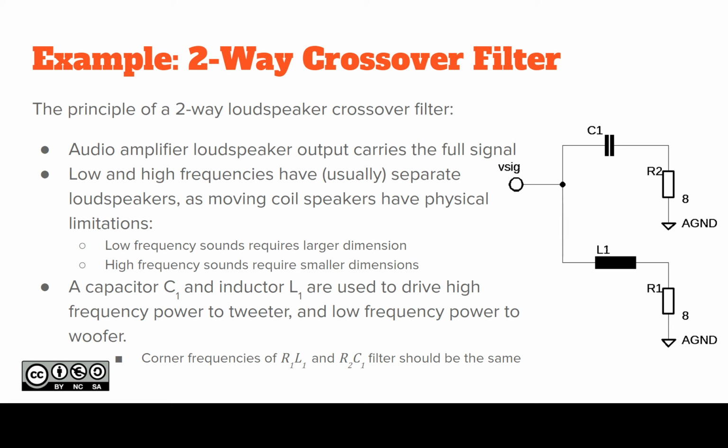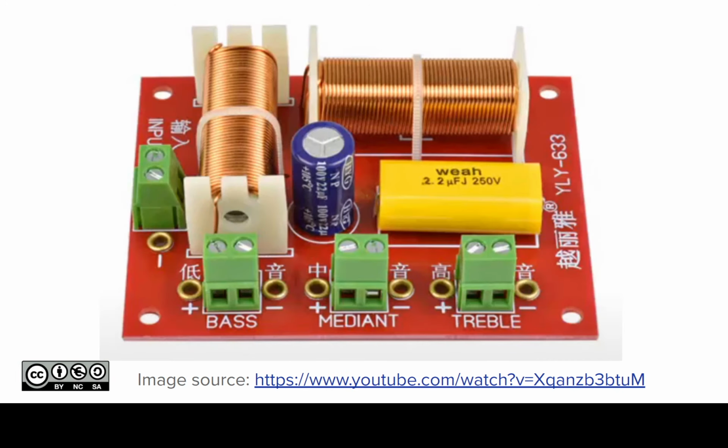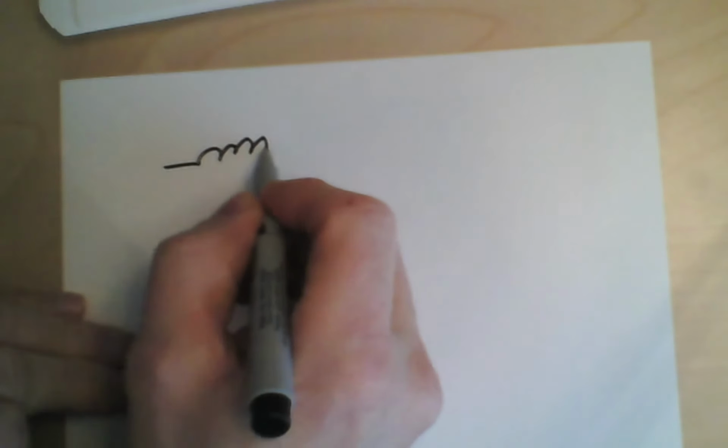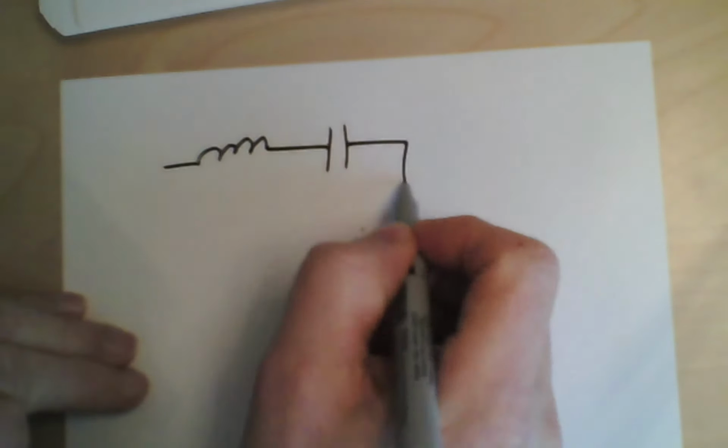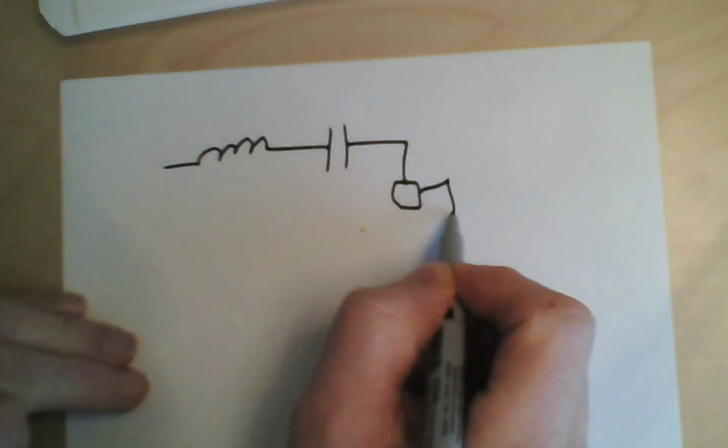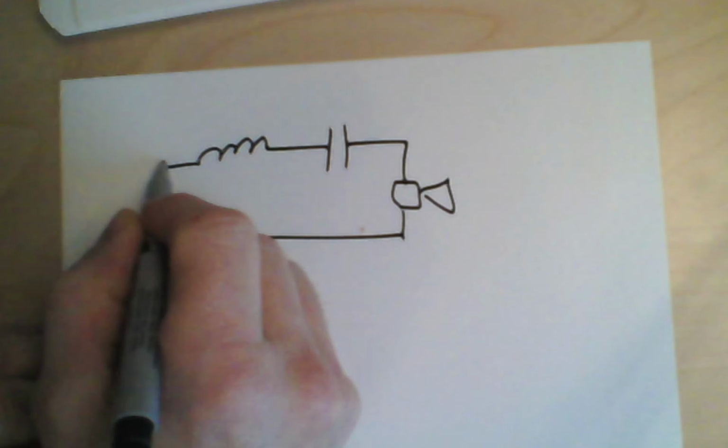Okay, maybe I will just make a drawing so it makes more sense that way. There we go. In the drawing, we have an inductor, then a capacitor, and then the loudspeaker, like this.